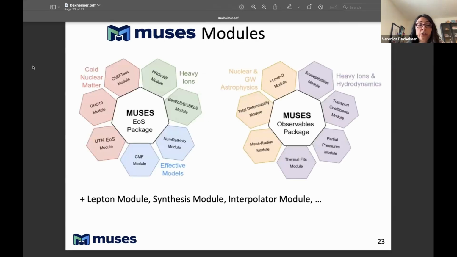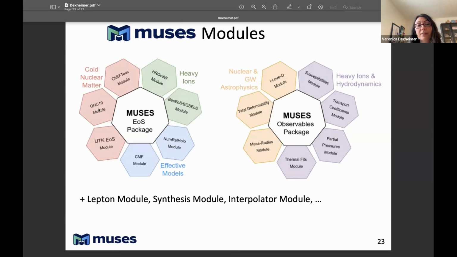So these were the initial modules of MUSES. It was mainly split into two parts: the equation of state package and the observables package. So I'll start at the left. The equation of state package had cold nuclear matter, where we have chiral effective field theory. We had the QHC model, which is a hadronic quark model using the quarkyonic prescription. This one might not be able to be delivered because it had lots of issues.